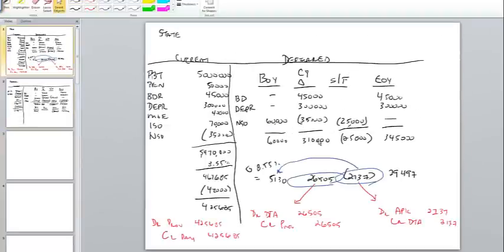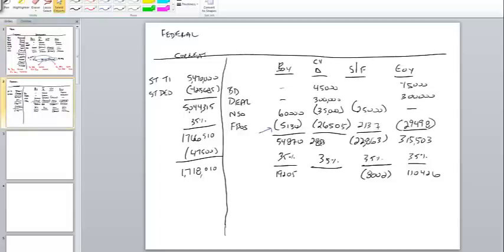Okay, 283,495, and that times 0.35 is 99,223. Okay, so let's make sure that this foots across. 19,205 plus 99,223 minus 8,002 is 110,426. Okay, so that foots across.